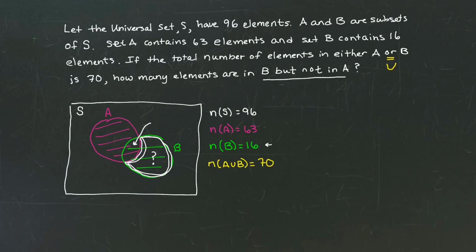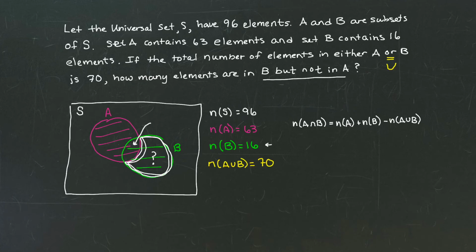Well, we can either look at it and just go through the math, or we can use our cardinality rule to help us. Recall the union consists of adding up all the elements in both of the sets and then subtracting off the intersection.